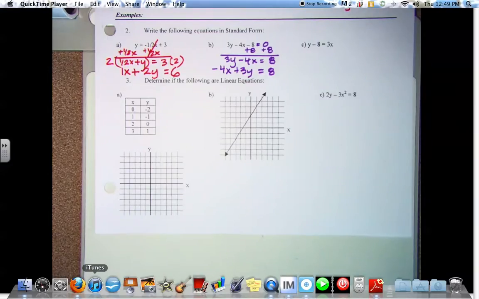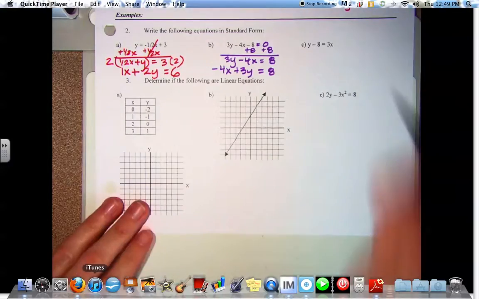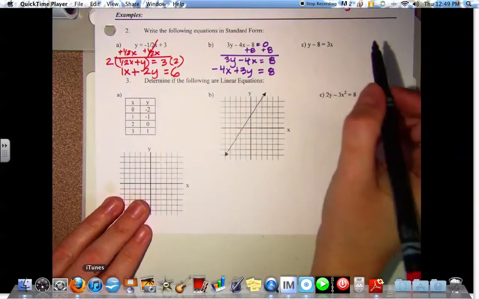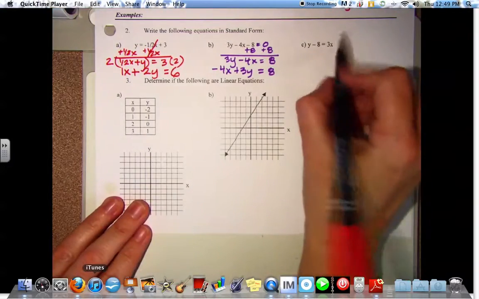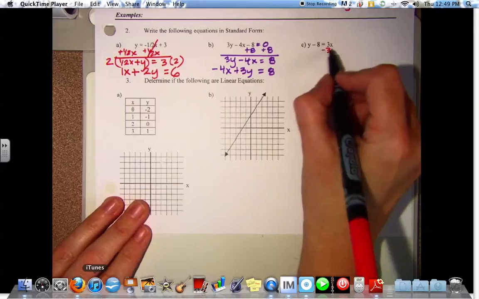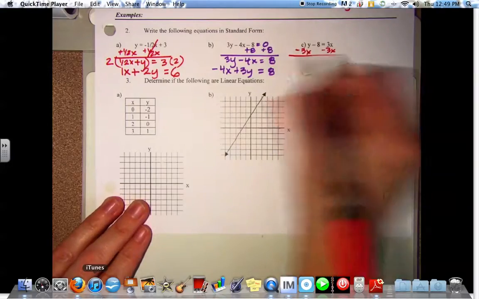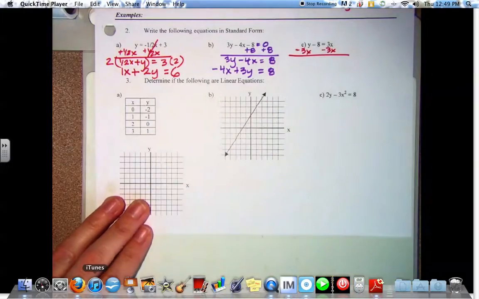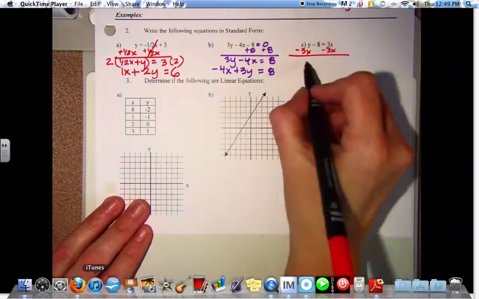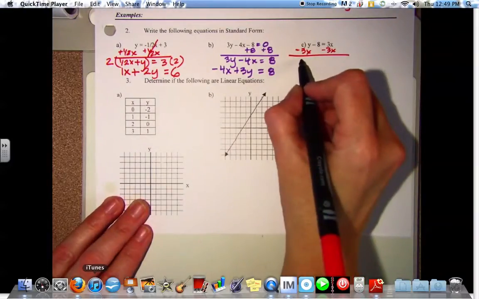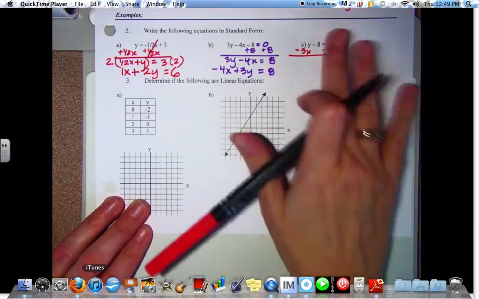C, we have y minus 8 equals 3x. What do you want to move? The x? All right, if we subtract 3x from both sides, what do we have on the left? What do we have on the left-hand side?